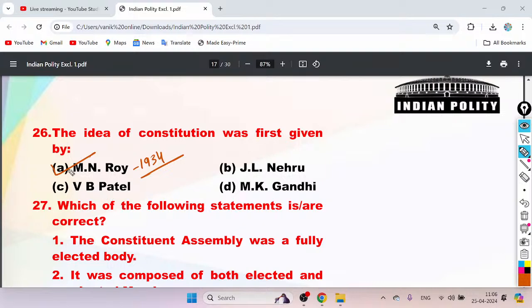Although there were other initiatives before it, like the Swaraj Bill by Tilak, M.N. Roy was the first vocal to make the demand for a constitution. The answer will be A.